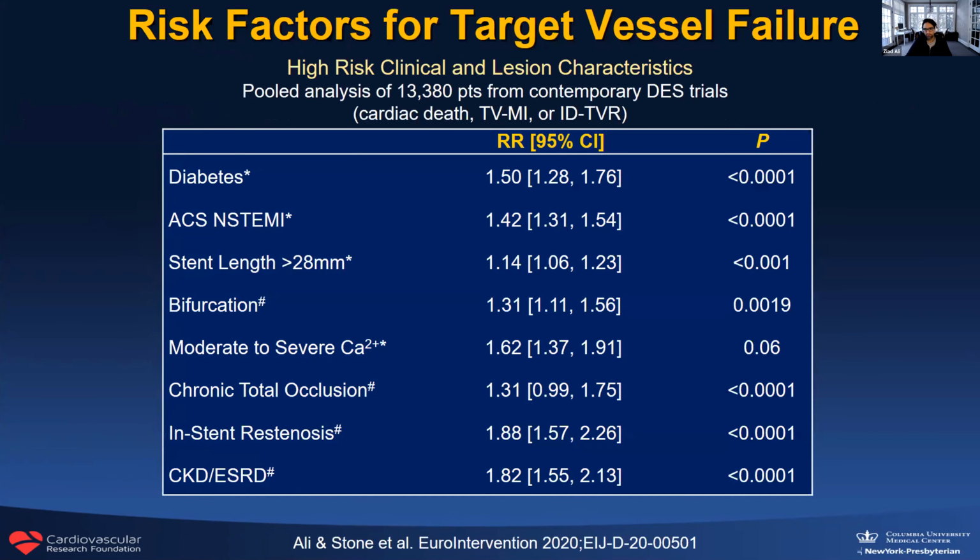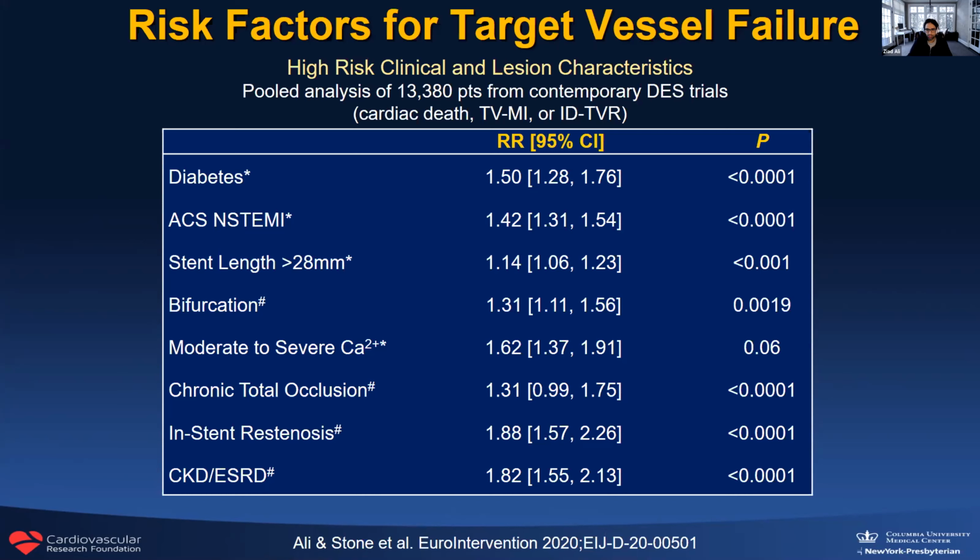So when we look at the risk factors for target vessel failure, we'll notice that amongst these, which were included in Illumien 4, moderate to severe calcification has a significant hazard of 1.6. And what's very interesting about calcified arteries is that if you do not treat them, they tend to have a relatively more stable progression compared to when you intervene on severe calcification, because the likelihood of plaque rupture in a severely calcified artery is lower, and thus the ACS is lower.